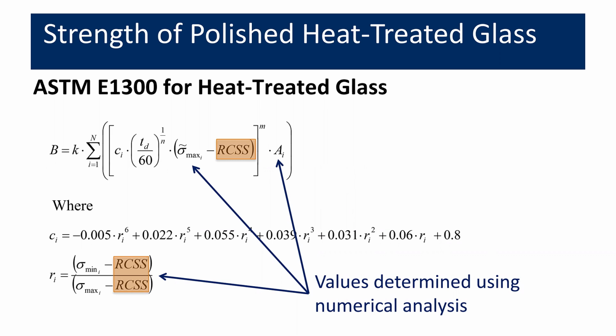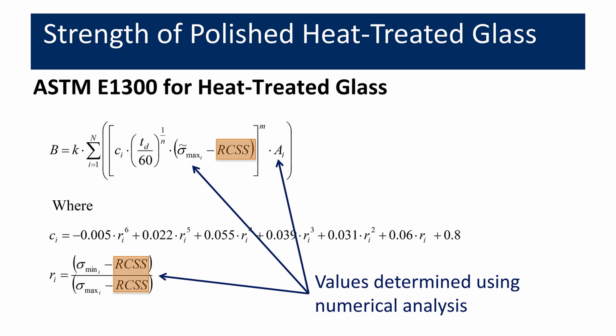The basic idea is that in order for the glass to fail, we have to put that surface in tension. Thus, we have to create a stress in the glass that overcomes that residual compressive surface stress imparted by the heating and quenching process.